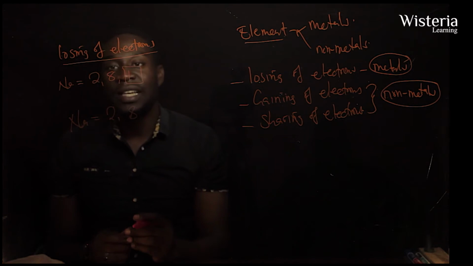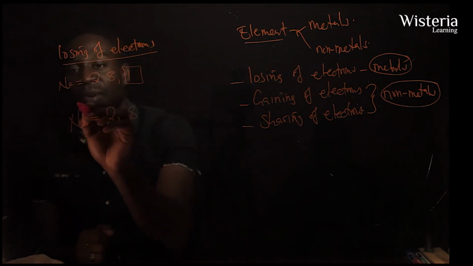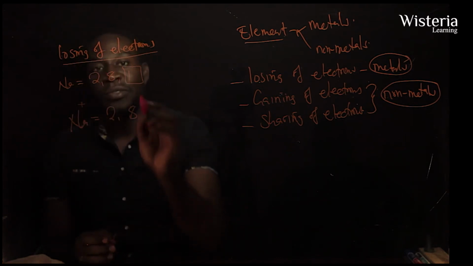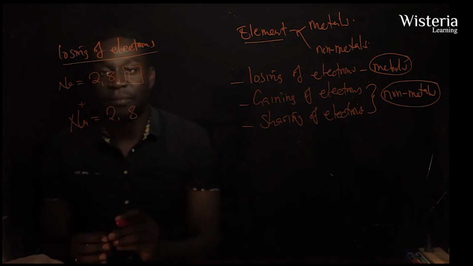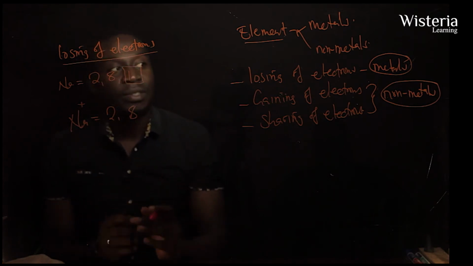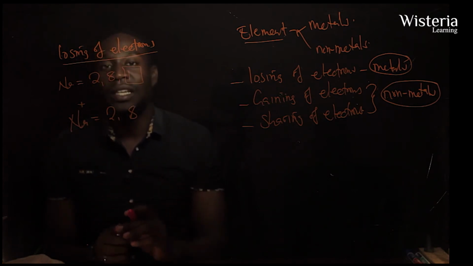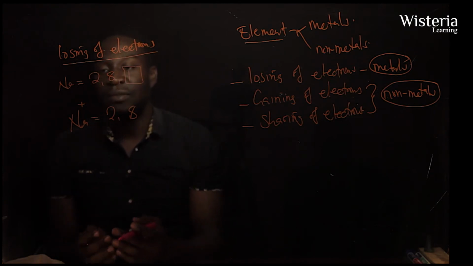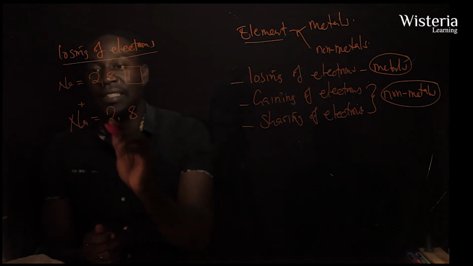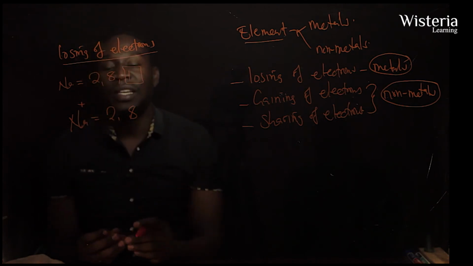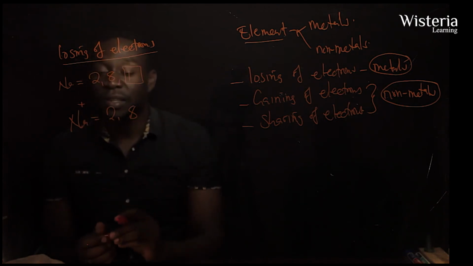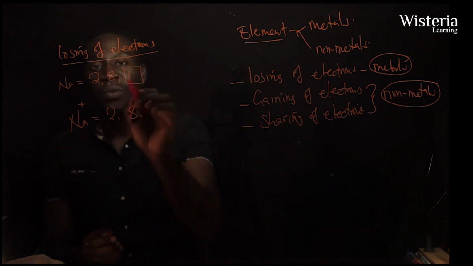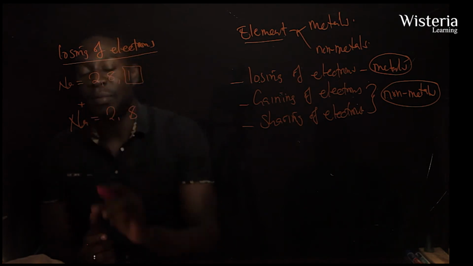Because it has lost an electron, it's going to become positive. It has lost only one, so it will be positive 1. So atoms of metals lose electrons, and when they lose electrons, they acquire a positive charge. The size of the charge depends on the number of electrons they lose. In this case, sodium has lost only one electron and forms a positive 1 charge.